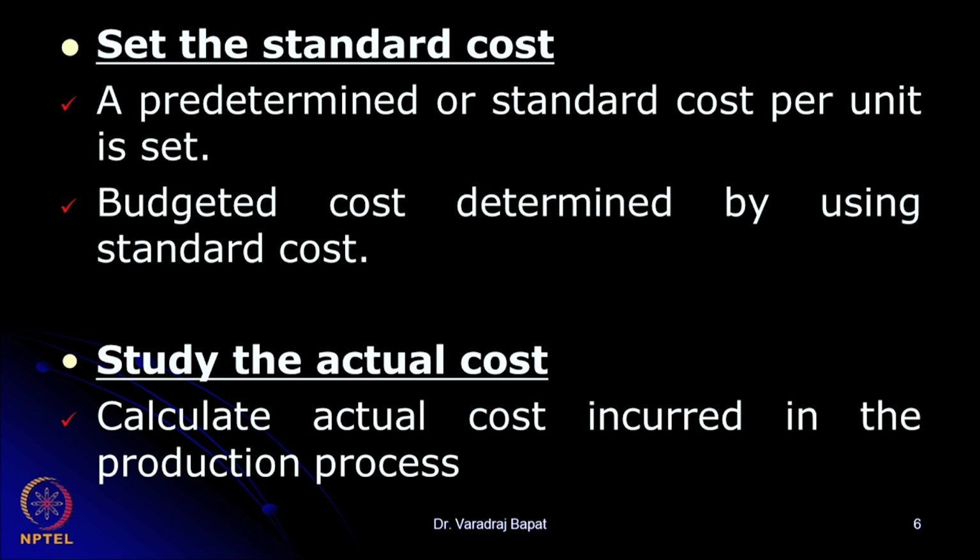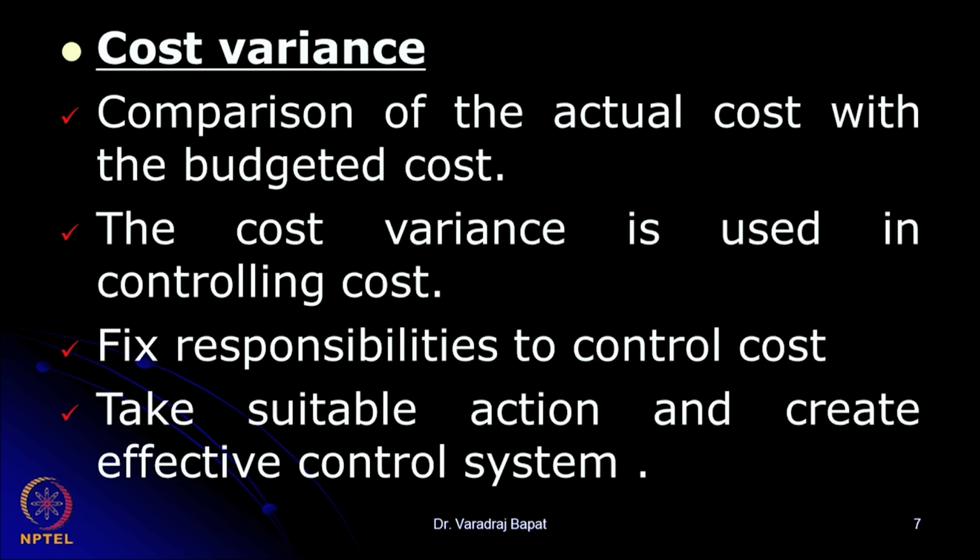Now setting the standard. It is a predetermined or a standard cost per unit. It is a budgeted cost which is determined based on the standard costing. Next step is study of actuals. Now we will need to calculate the actual costs so that they can be compared with the standards. The third step is cost variance.